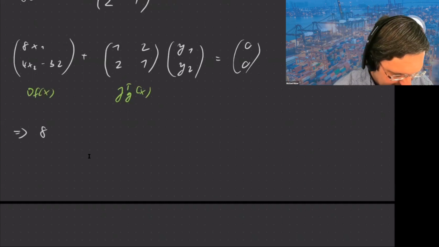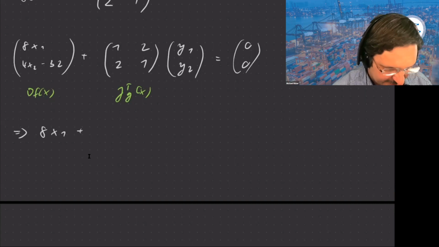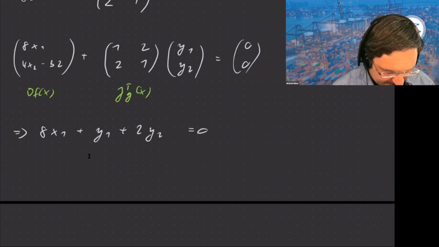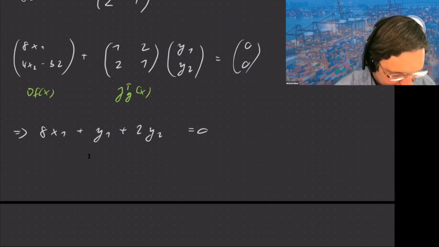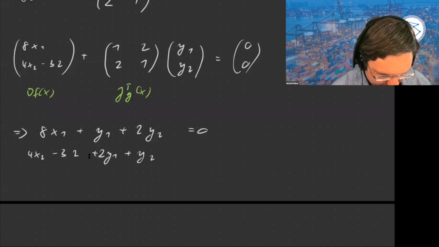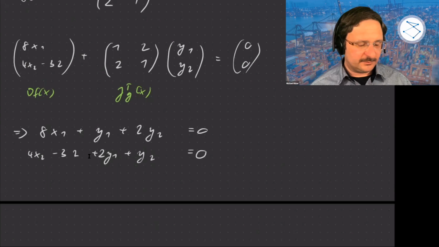So that's 8x1 plus y1 plus 2y2 is 0. And the second one is 4x2 minus 32 plus 2y1 plus y2 is 0.